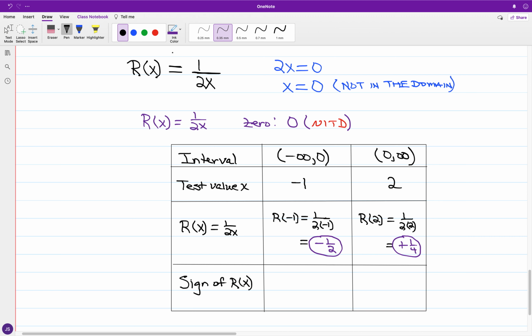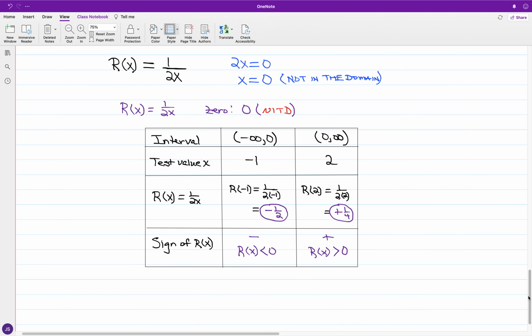And for the sign of the rational function, for any negative values, the output is going to be negative. Anything greater than 0 for the input, the output is going to be positive. So we have r of x is greater than 0.